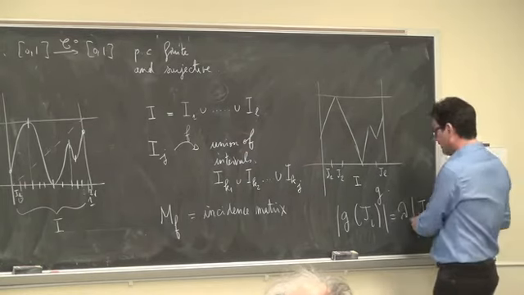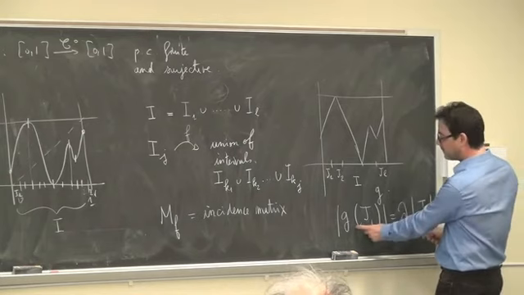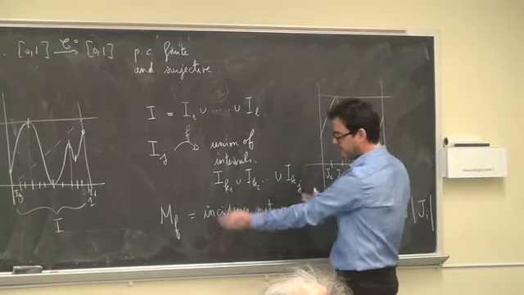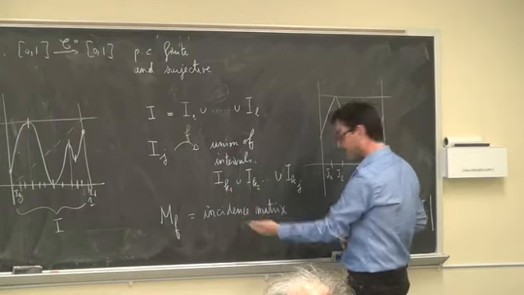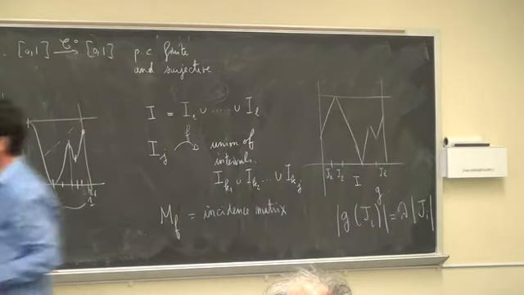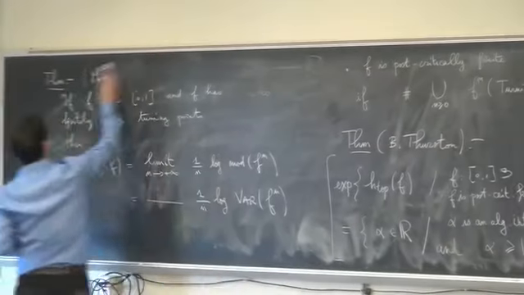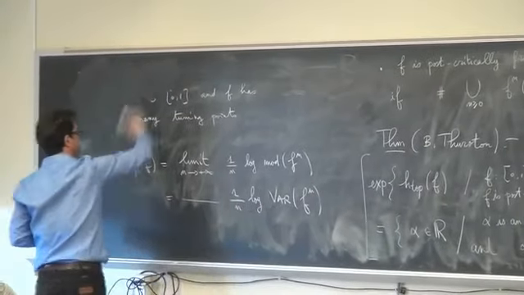And at the same time, the image of the interval is a union of intervals given by these combinatorics. So the matrix is a matrix with non-negative entries.